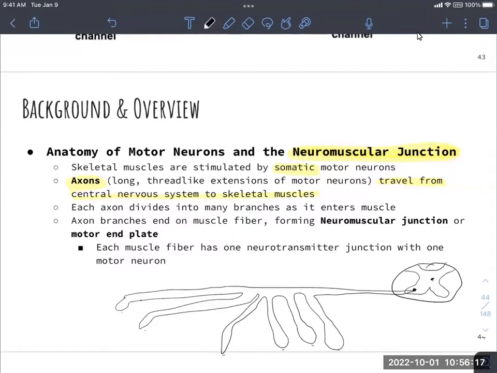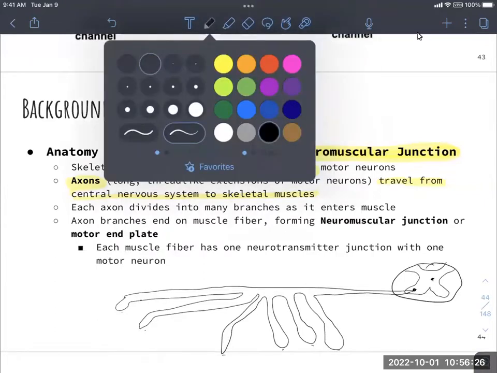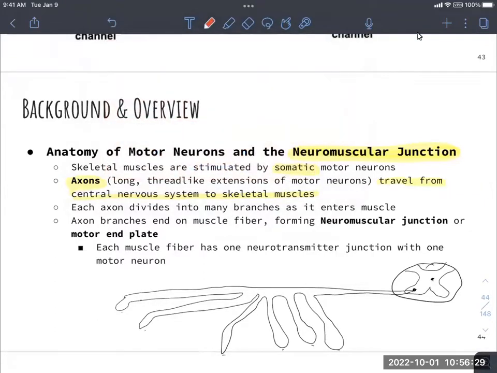All these little projections coming off of the nerve, each of these is going to attach to a muscle fiber. So that one may attach to that muscle fiber. This one will attach to a different muscle fiber. Each one of these will have its own muscle fiber that it's going to talk to.